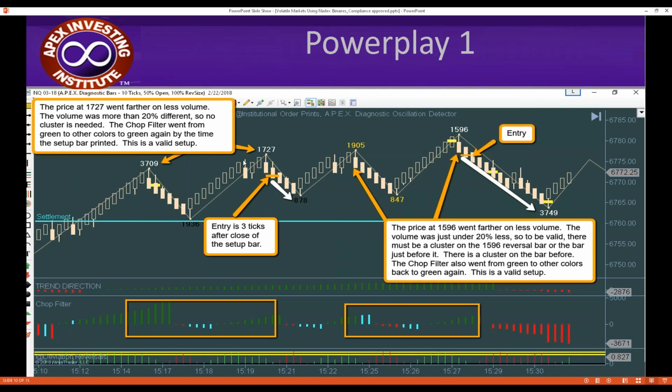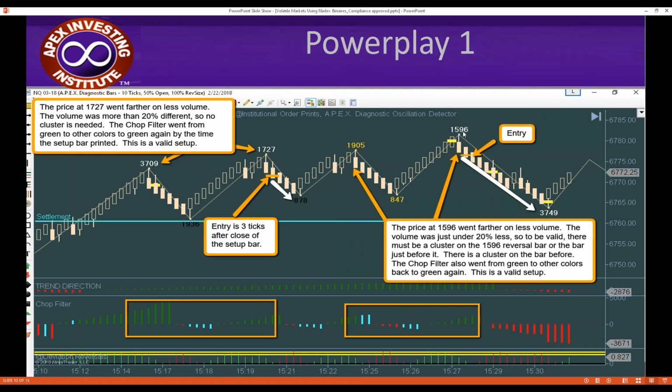Then what did it do? It went a little bit higher on what? More volume or less volume? Look at here. Market went up on 1900, total volume in this push up. Then it pulled down and went up a little bit higher. See, from here to here, a little bit higher, not a lot higher, a little bit higher on what?